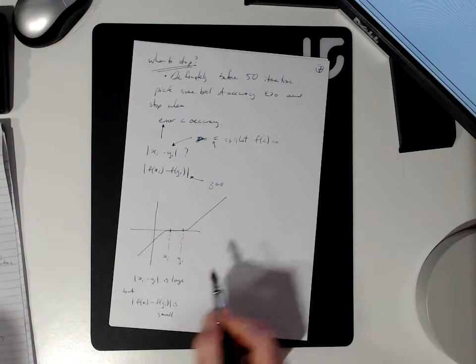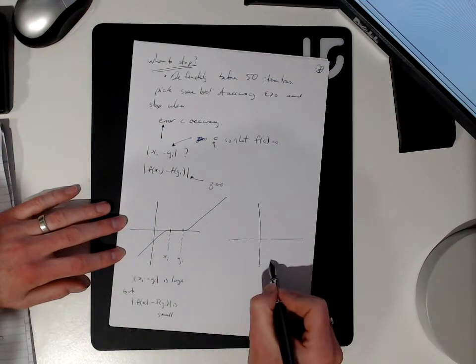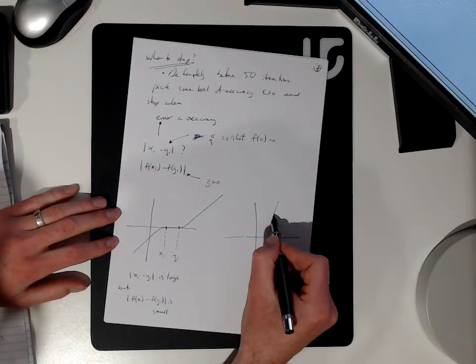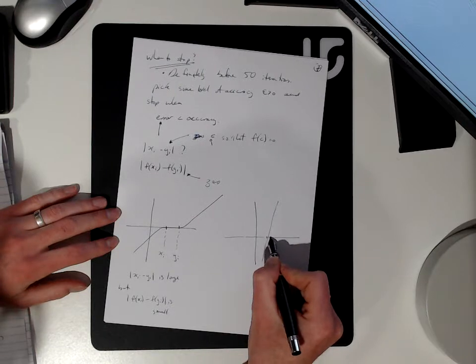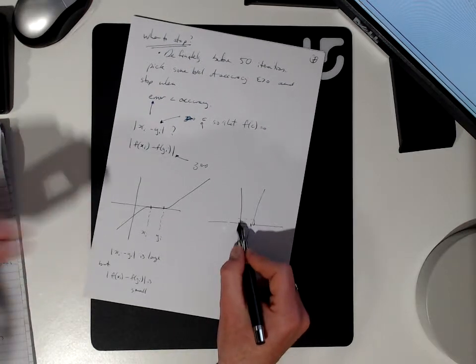And you can think about this the other way around. Take a function that's very nearly vertical, then you can end up with very small values for x and y, ending up with very big values for f of x and y.